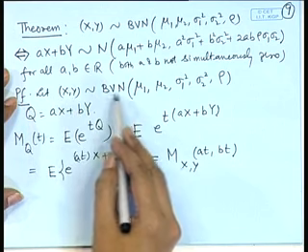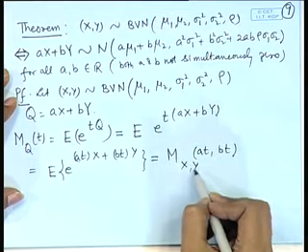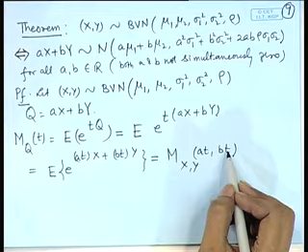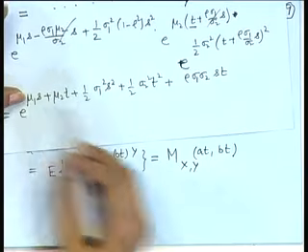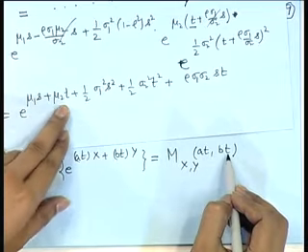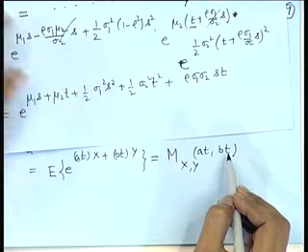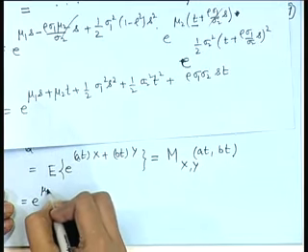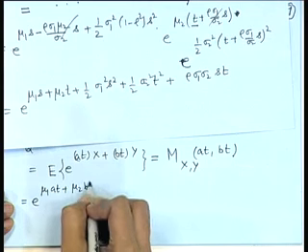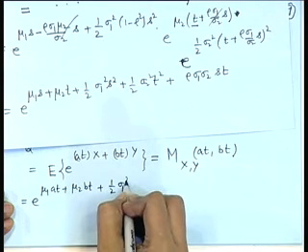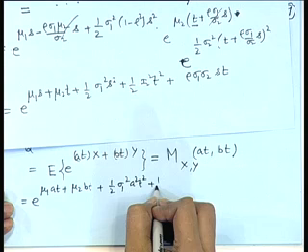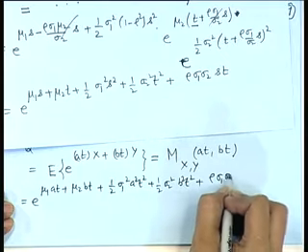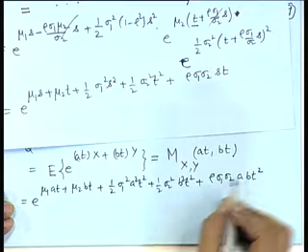Since X, Y has a joint bivariate normal distribution, the form of the joint MGF of X, Y at (at, bt) can be obtained by substituting s is equal to at and t is equal to bt in the expression given just now. So, this becomes e to the power mu 1 at plus mu 2 bt plus half sigma 1 square a square t square plus half sigma 2 square b square t square plus rho sigma 1 sigma 2 ab t square.